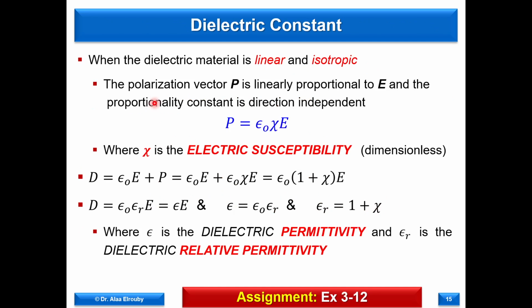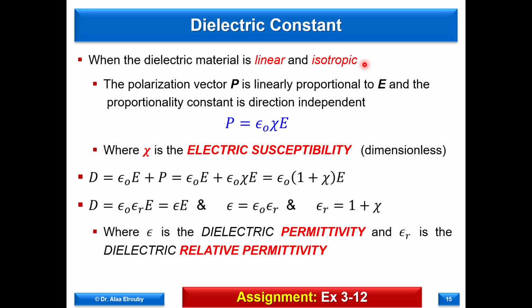Now, when the dielectric material is linear and isotropic, isotropic means that its behavior is independent of the direction of the electric field. If the material behaves differently for different directions of electric field, it's called non-isotropic material.